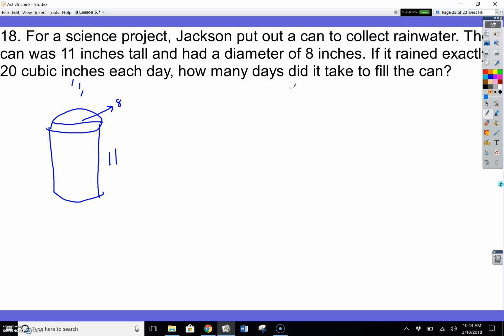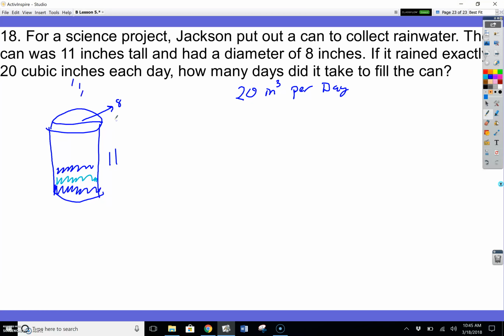If it rained exactly, so this is how much it rained, 20 cubic inches a day. How long will it take to fill? So it's basically saying the volume. This is 20 inches for one day. Second day, another 20 cubic inches. The third day, another 20 cubic inches. It's saying how many total days must it rain for this can to be filled.